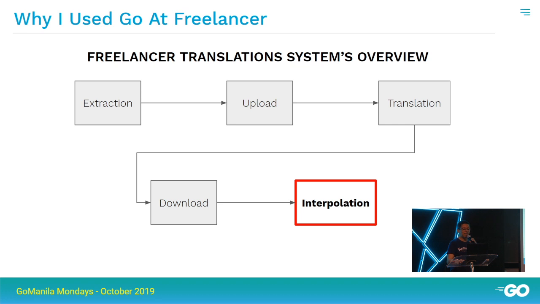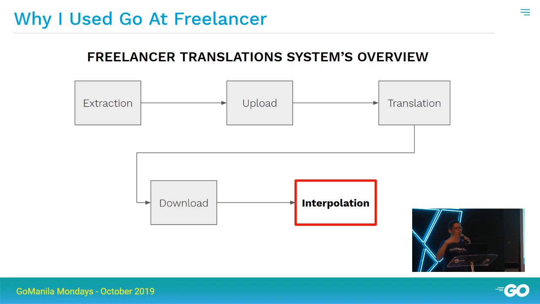And finally, once the translations are available for the code that's going to need them, we have a series of libraries that facilitate interpolating the translations in place of the original English copies that existed originally. These work a little bit differently depending on whether it's PHP code or Python code or JavaScript code.